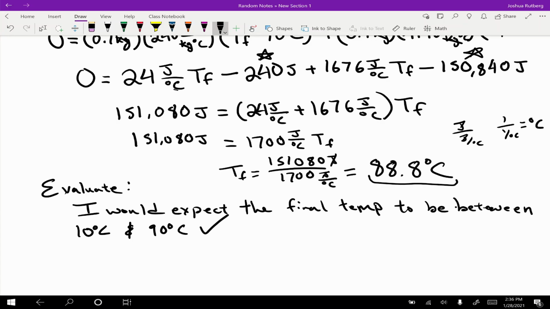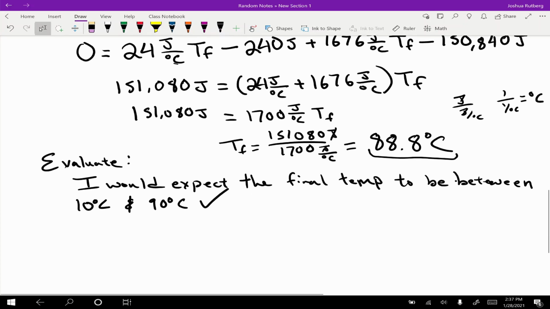And that's what I find, so that's good. But we want to be a little bit more precise in that. We can be more specific. So the next question is, does it make sense for it to be so close to 90 that it only changed by not even 2 degrees? It barely changed by more than 1 degree. Does it make sense that it's so close to 90?